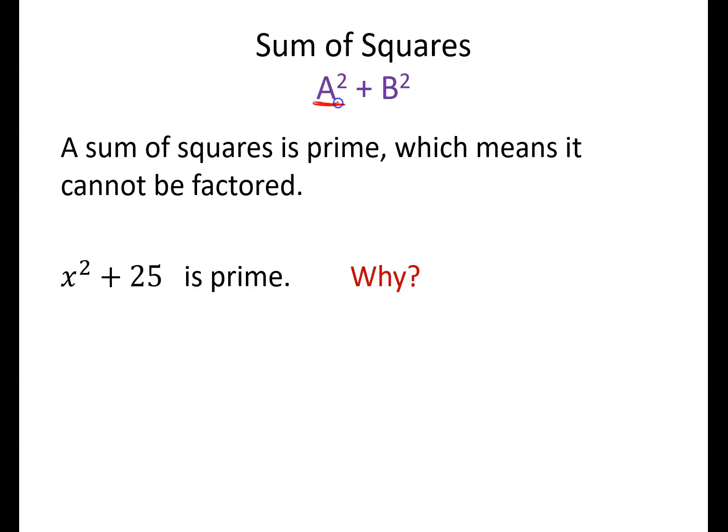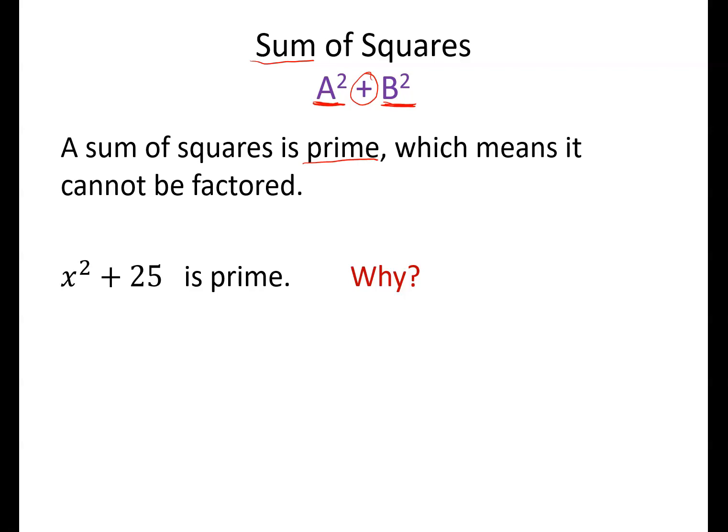We're saying this first term is a perfect square and this second term is a perfect square. Now, by using the term sum, that means we're adding. Well, it turns out that when you add 2 perfect squares, you cannot factor it. It is called prime. There is no way that you can write it as 2 polynomials multiplied together.